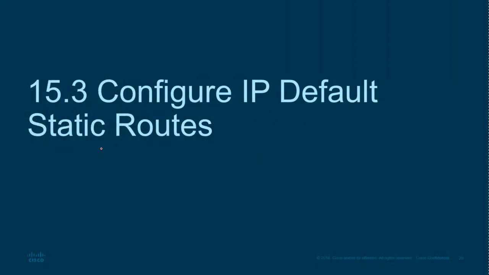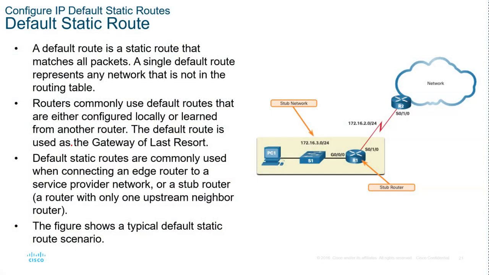Configure IP default static. The default static is in a different form from the format of a normal static route, which you can use in this direction from the service provider.